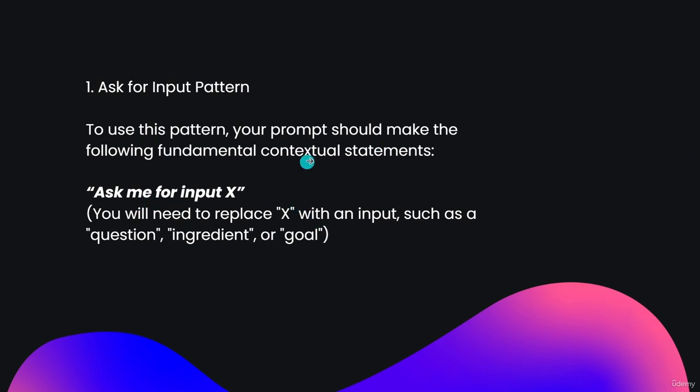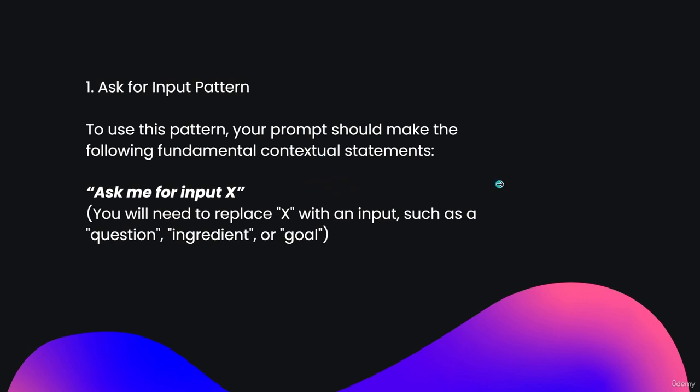So the fundamental contextual statement for the ask for input prompt pattern is: ask me for input. This is a very important fundamental sentence we have to use in the prompt itself, matching any task type.